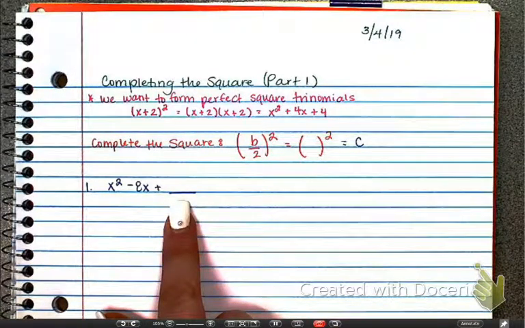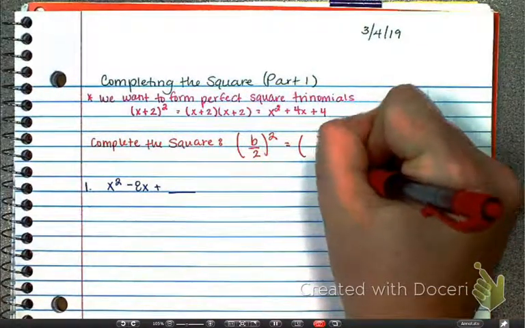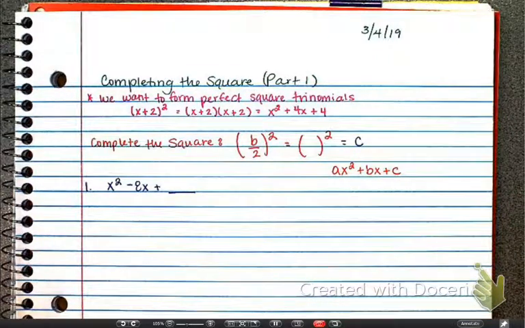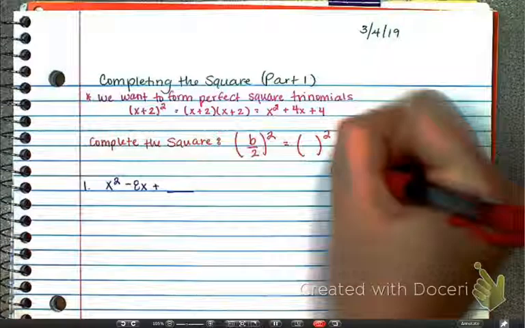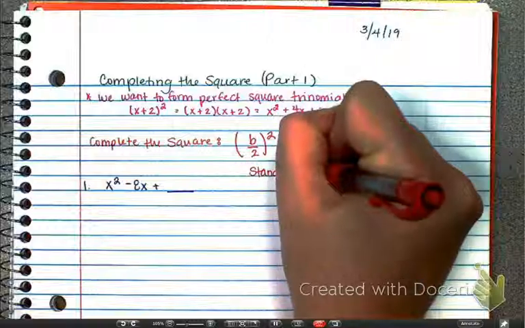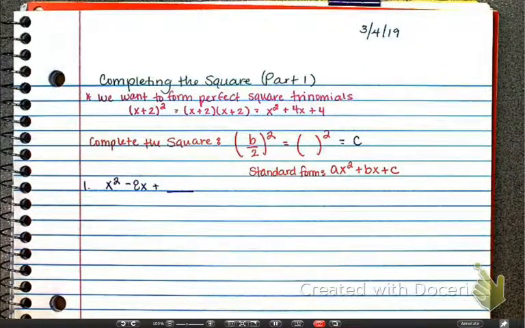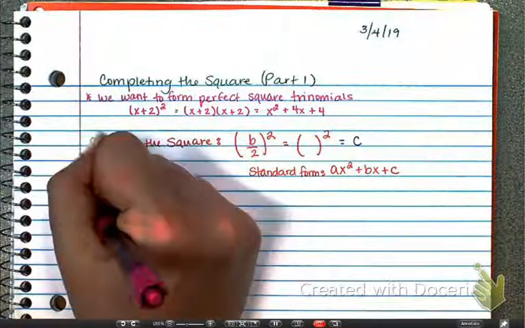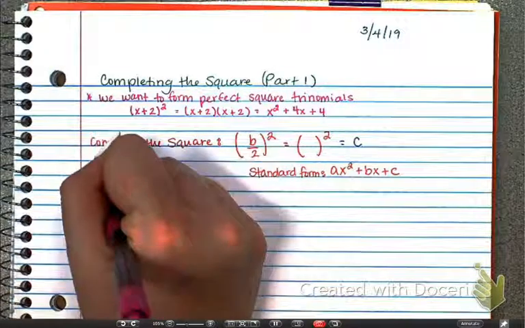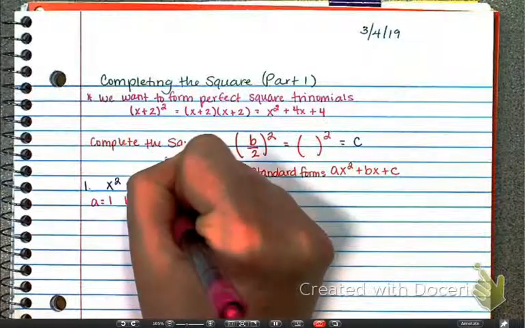Standard form, where you should be able to identify your A, B, and C. Because for quadratic equations, remember we have ax squared plus bx plus c, so same as factoring. Right, this is standard form. So our A, B, and C are still the same thing. So in this particular problem, what is A? 1, because it's the number in front. What is B? And we don't know C at this time. That's what we're solving for.